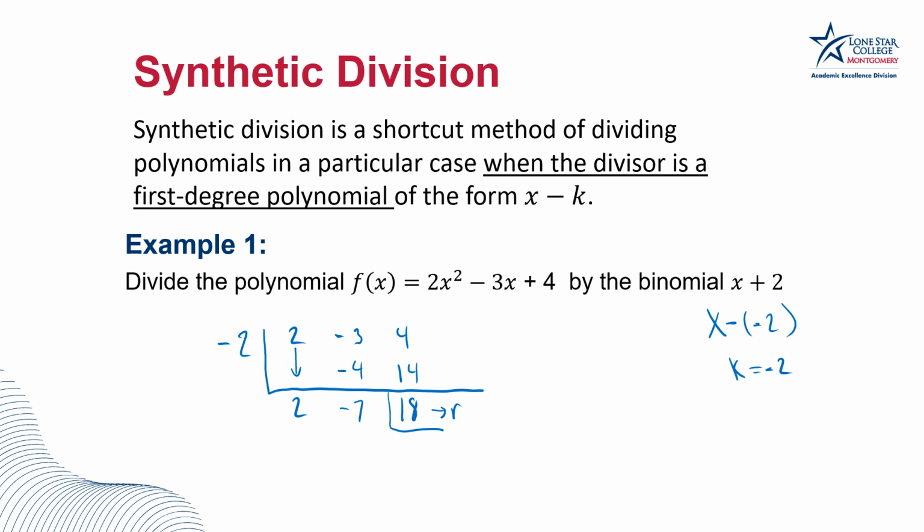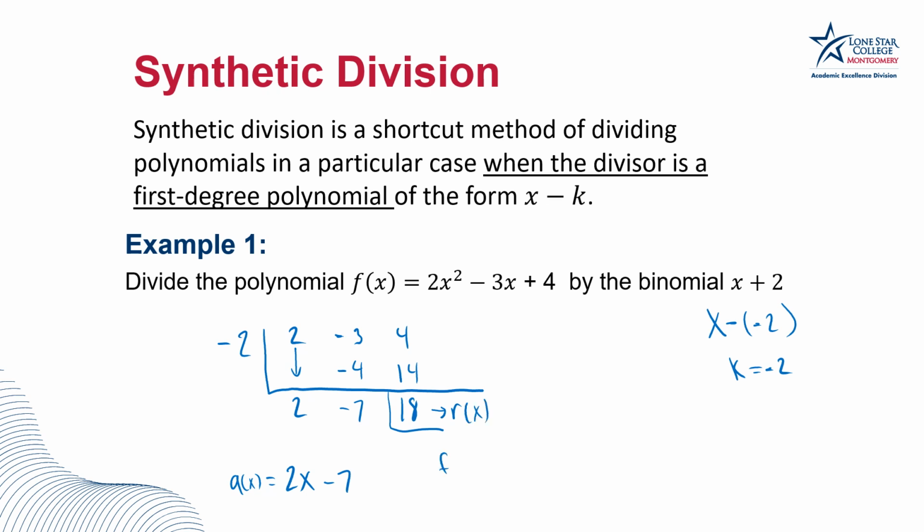For this first term, 2x squared, it was before, now it's just 2x. And then we have a negative 7, that's the x spot, that's actually just negative 7, and we have our remainder. So this right here is our quotient, our q of x part. And this is our remainder, our r of x.